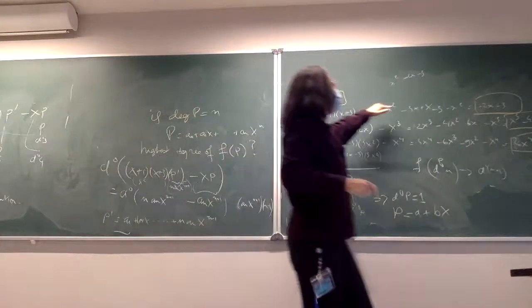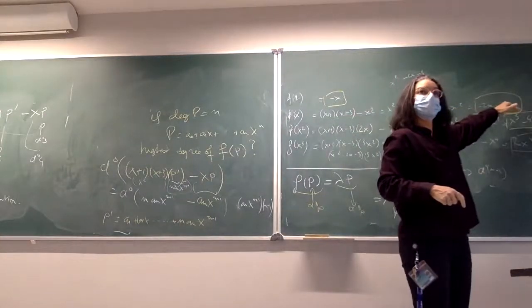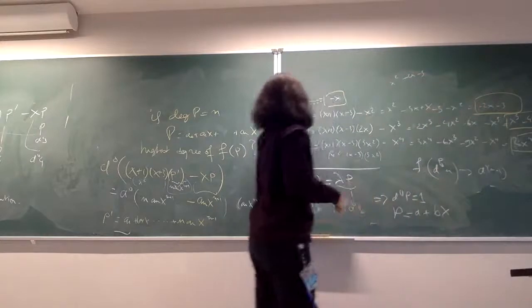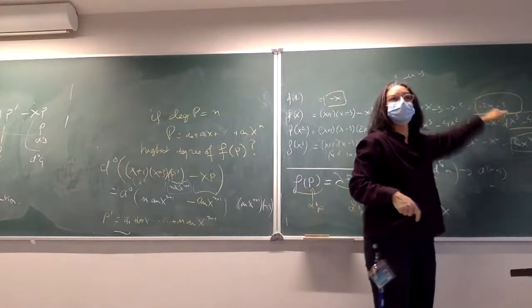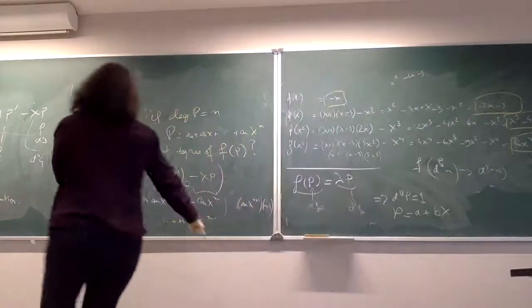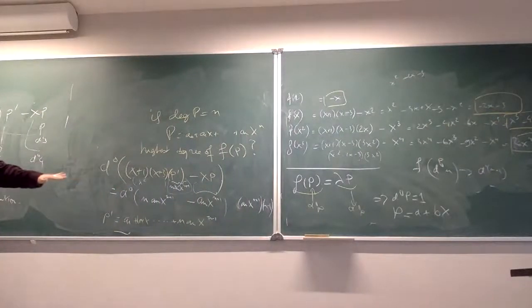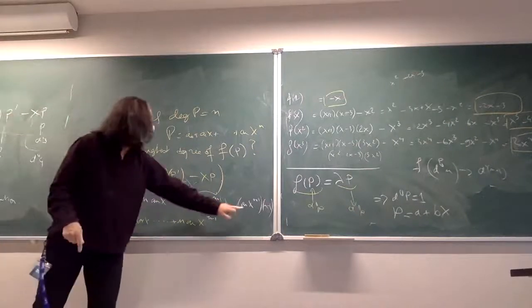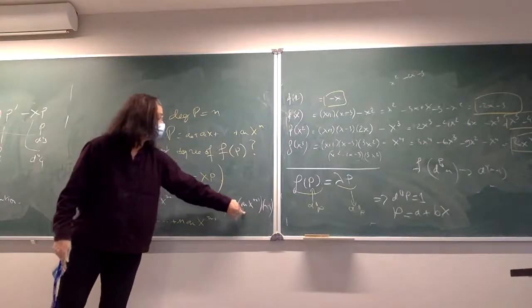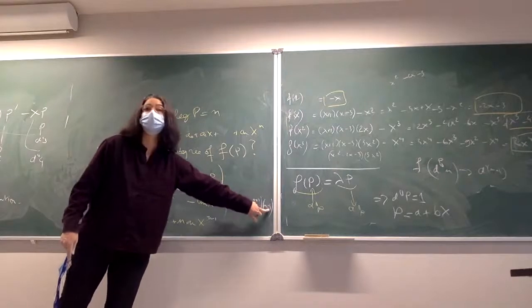This is what we observed here. You plug in something of degree 1, the x, and you get something of degree 1. Here you plug in something of degree n. If n is different from 1, you will have something written An x^(n+1) (n minus 1).